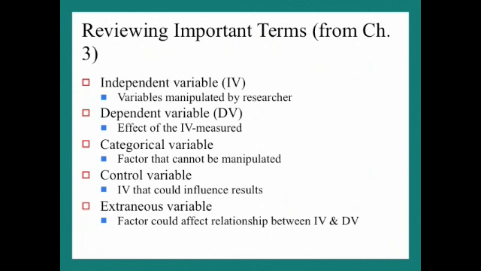We identify those and try to control for them, which means get rid of them somehow. Statistically, we can remove those, but I'm not going to get into that in this lecture. So we just need to be able to identify some of those variables that can have an effect on the independent variable and the dependent variable, and the relationship between them.